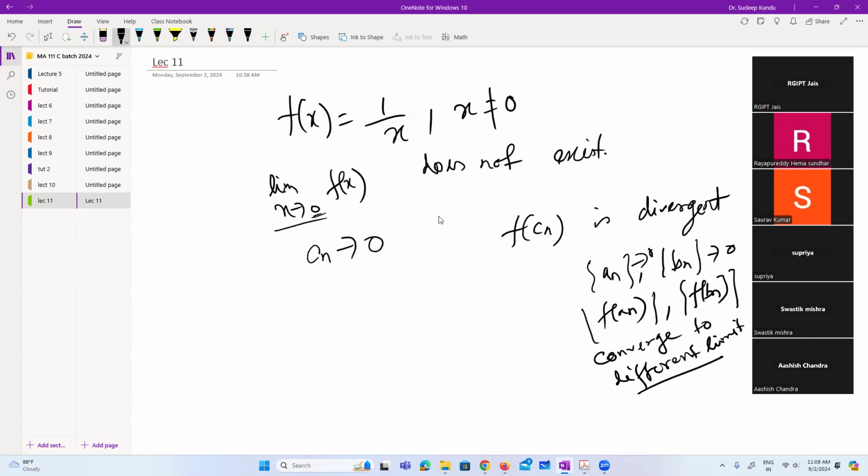Is it clear to all of you? So can you see one sequence which converges to 0, but its image sequence diverges? That means the limit does not exist.